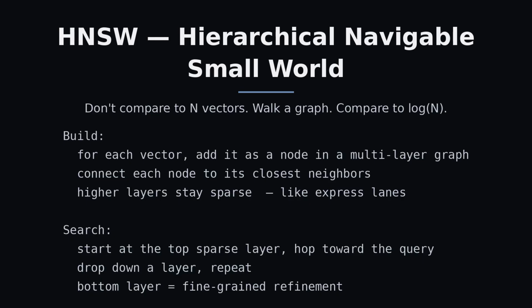To search, you drop your query into the top layer, greedily hop to the node closest to it, drop down a layer, hop again, and so on. By the time you reach the bottom, dense layer, you're already in roughly the right neighborhood. For 100 million vectors, that's about 26 hops total, instead of 100 million comparisons. That's the whole trick. Every other algorithm in this space, IVF, product quantization, scalar quantization, is a variation on the same theme: skip most of the comparisons.